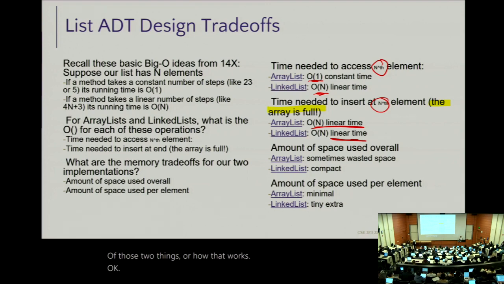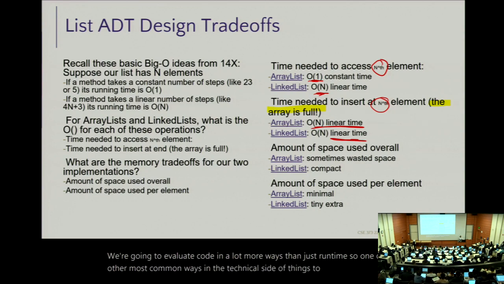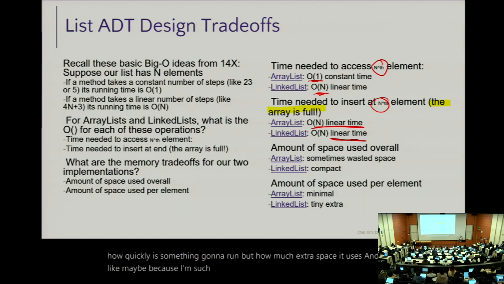We are going to evaluate code in a lot more ways than just runtime. So one of the other most common ways in the technical side of things to analyze is not just how quickly is something going to run, but how much extra space it uses. Maybe because I'm such a teacher, I think of it this way: I always imagine I have a big stack of papers.